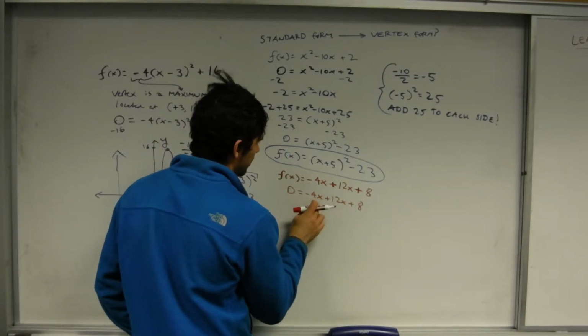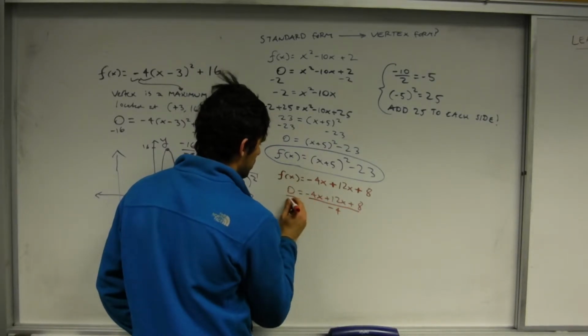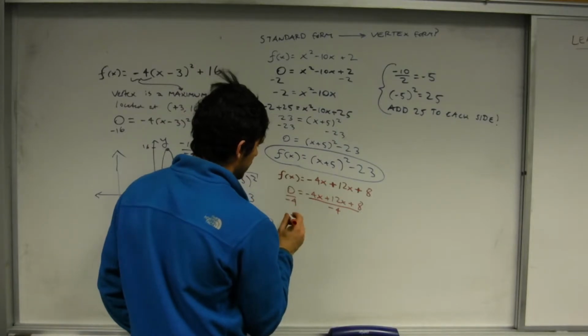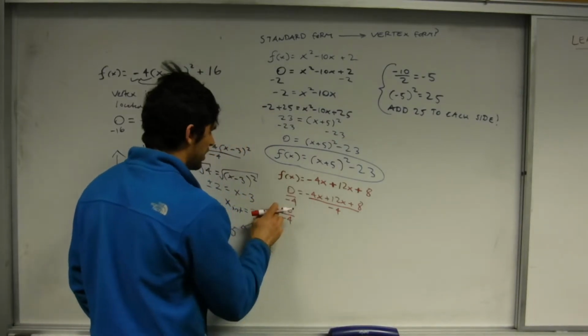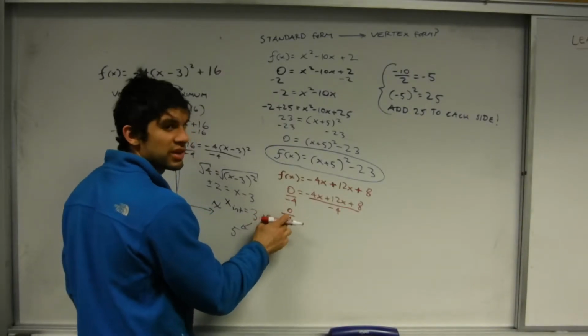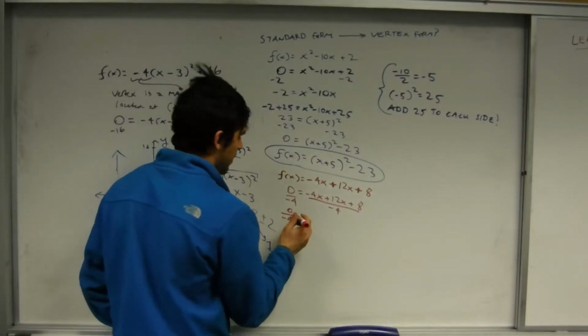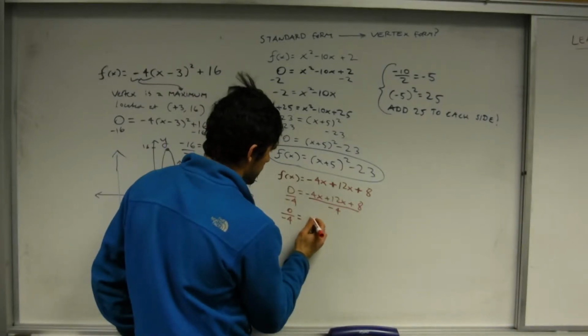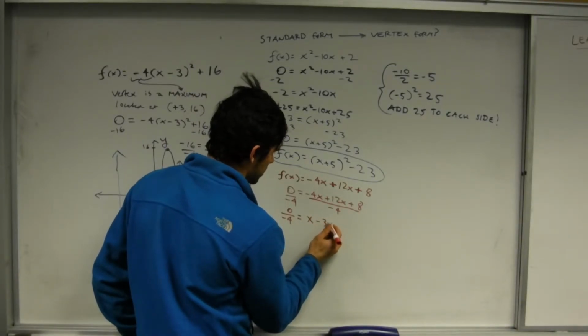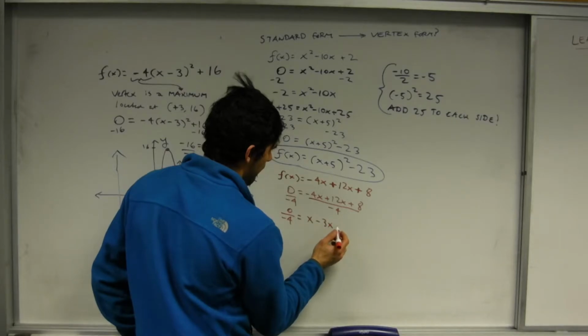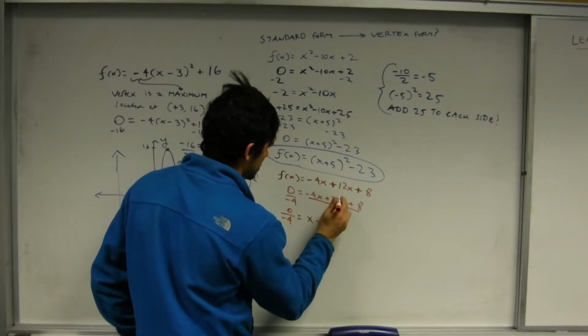And now we're going to divide everything by negative 4. So we're going to get 0 over negative 4. I'm leaving this in this form, and we'll see why pretty soon, is equal to x squared minus 3x. Actually, let's make this a 16.